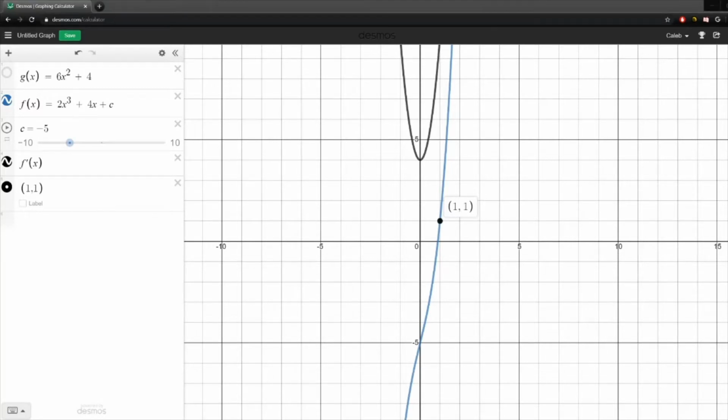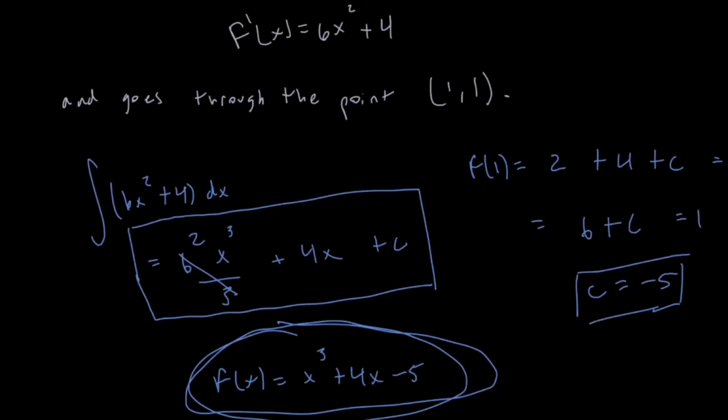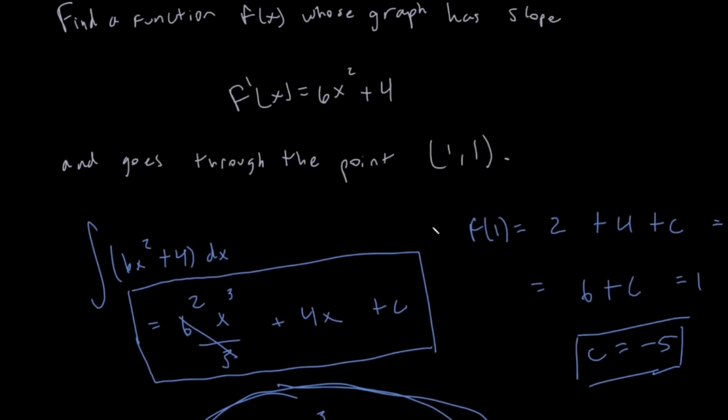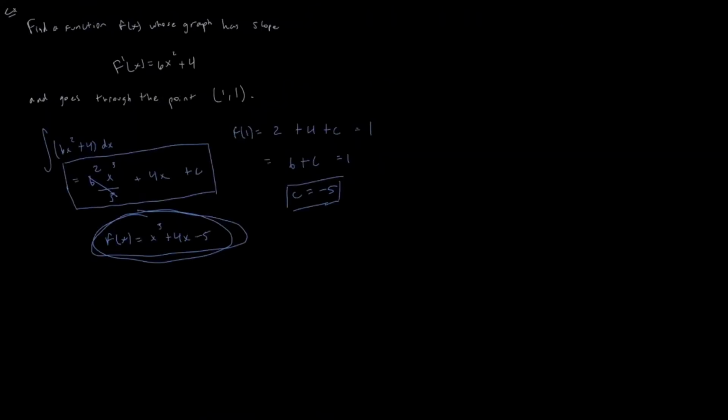Okay, so let's see. I will give y'all one to try here. The slope is 1/2 plus 4, and it passes through 1 comma -2.